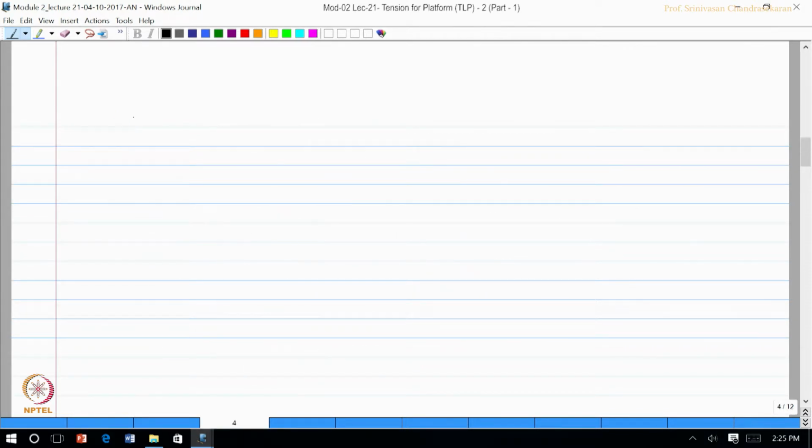Now, let us go to the roll degree of freedom. That is the fourth degree of freedom, rotation about the x axis.